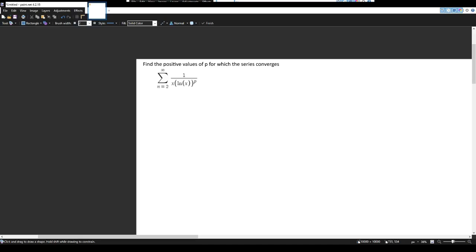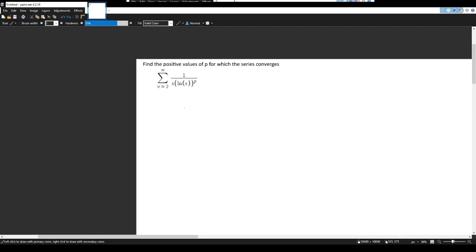The integral test is basically saying if we convert this to an integral, and we find that area, if that integral diverges, then the original series diverges, and if it converges, then the original series converges. So we're going to convert it to an integral, and we want to find the value of p for which it converges.